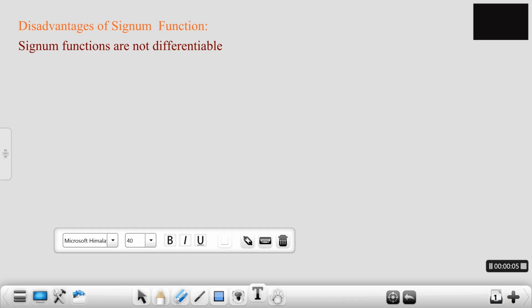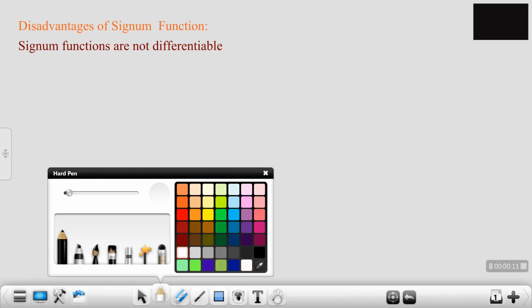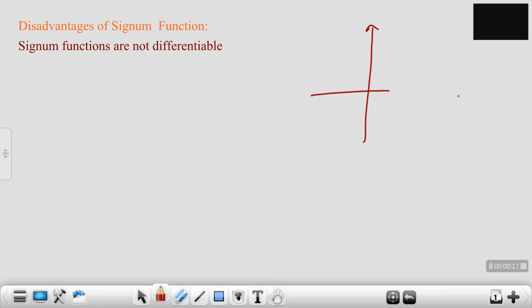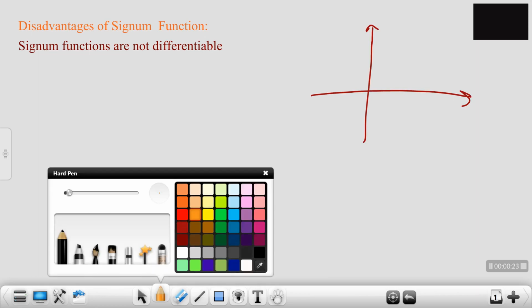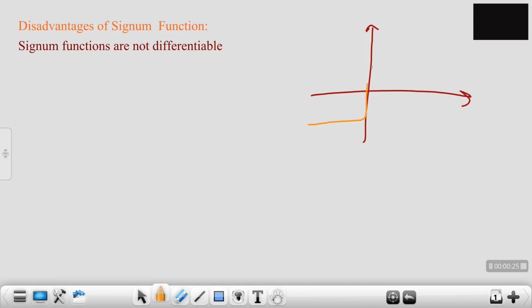Now what are the disadvantages of the Signum function? The disadvantage is that the Signum function is not differentiable. If you want any function to be differentiable, there should be no discontinuity. You would have studied this earlier in maths. In the Signum function there is a discontinuity, and it is here.